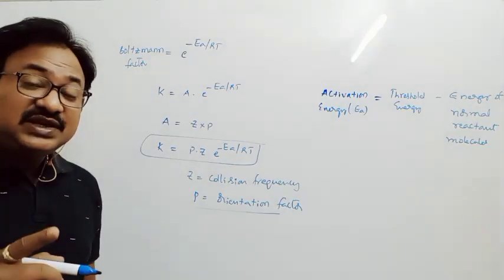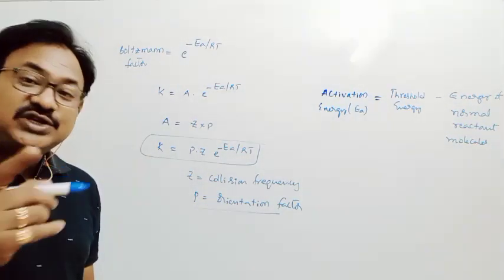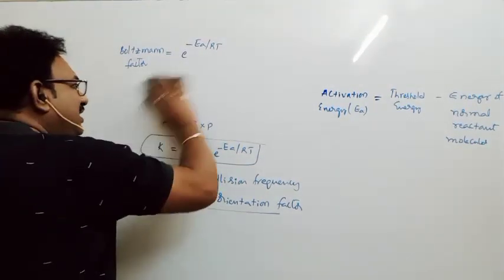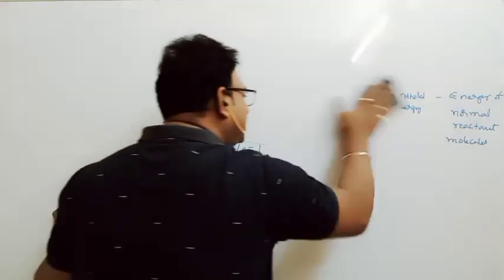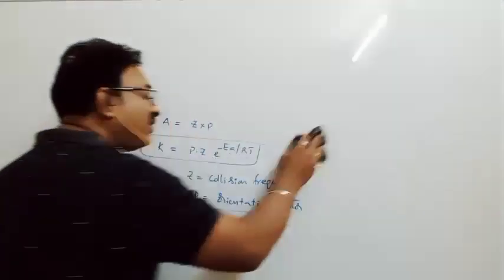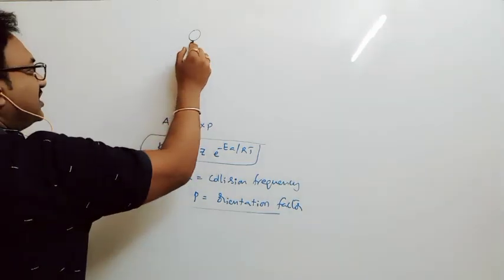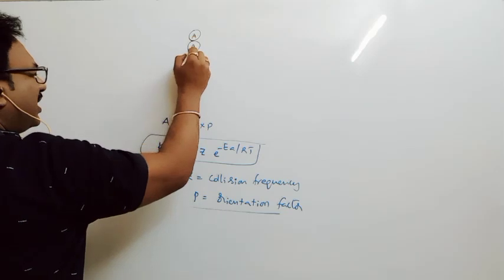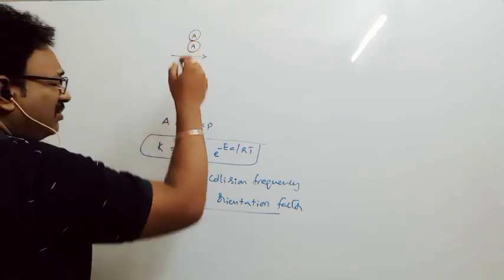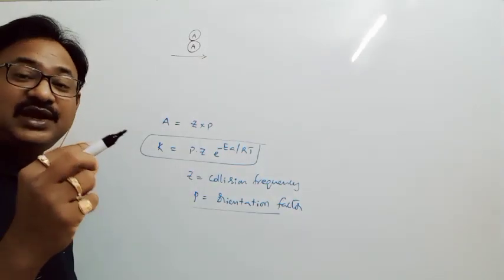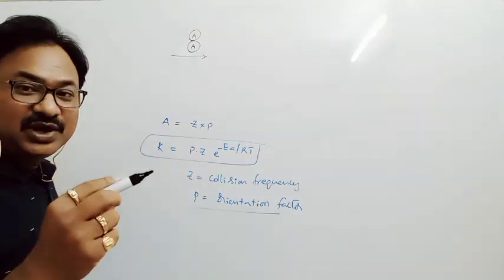Not only energy, orientation of collision is also very important. Not only energy, orientation of collision also leads to the formation of product. For example, you just imagine like this. अरे बाबू, this is a dimolecular reactant, मतलब it's a diatomic molecule.